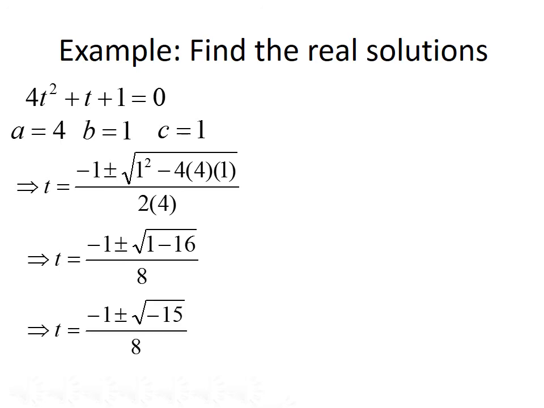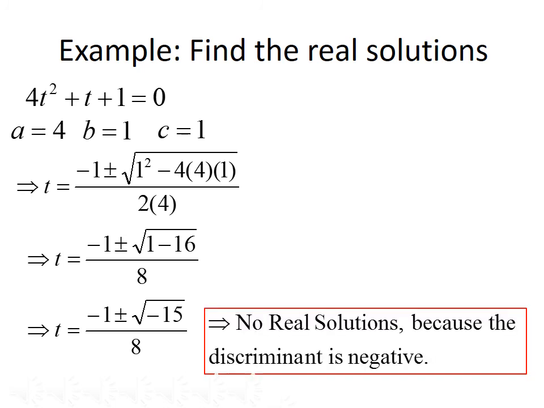Finally, if we simplify what's underneath the square root sign, that'll give us t equals negative 1 plus or minus the square root of negative 15 all over 8. But remember, if you have a negative number underneath the square root sign, that will not be a real number. And since the example said to find the real solutions, we can conclude that there are no real solutions because the discriminant is negative.